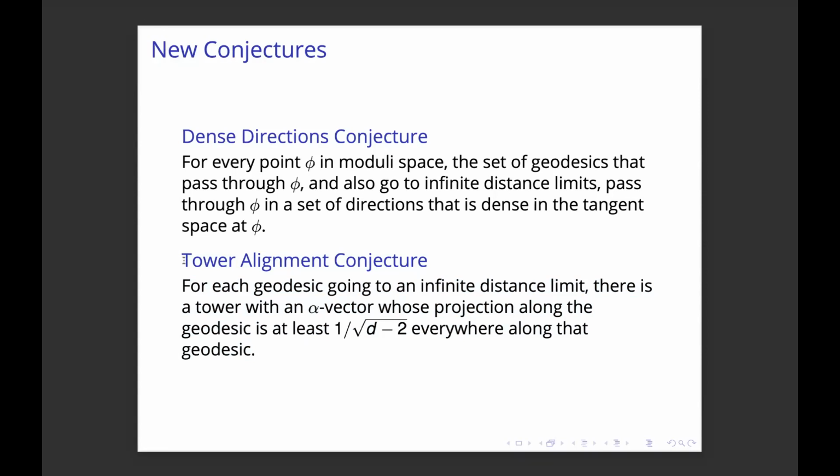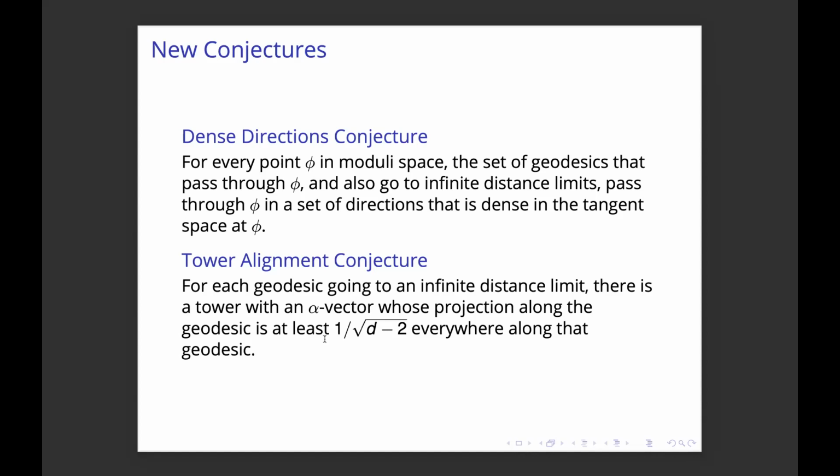And the tower alignment conjecture says that there's an alpha vector that is sufficiently aligned with the geodesic that's arbitrarily aligned with the direction I picked. And those two properties together give you the tower scalar weak gravity conjecture. So these two different conjectures do give together the scalar weak gravity conjecture.